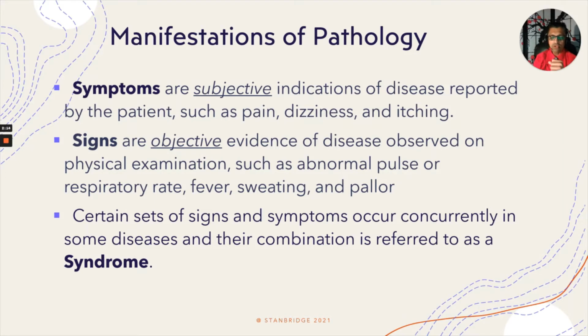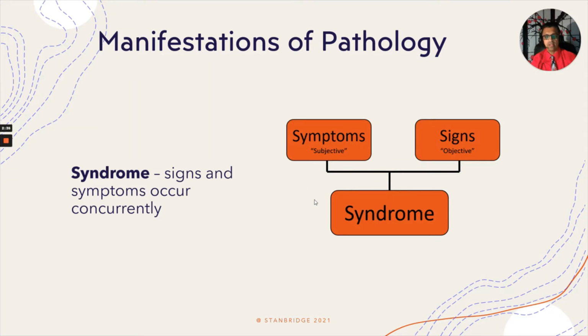Now, certain sets of signs and symptoms occur concurrently in some diseases, and that means that's a syndrome. Okay, so Down syndrome is a collection of signs and symptoms. So make sure you know the definition of symptom, the definition of sign, and the definition of syndrome. Now, here's a good little chart: signs, objective, symptoms, subjective, and then they make a syndrome.